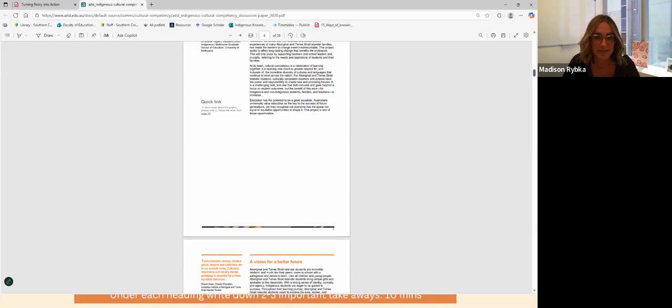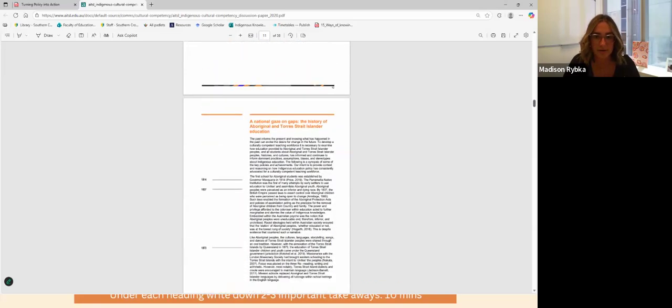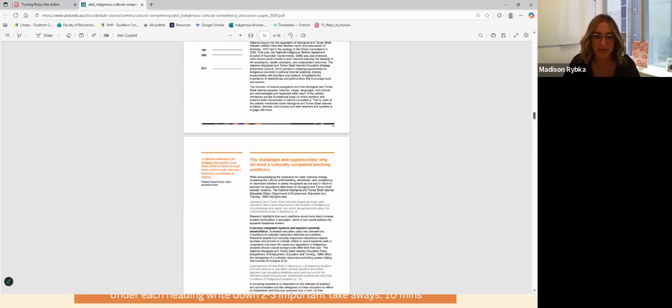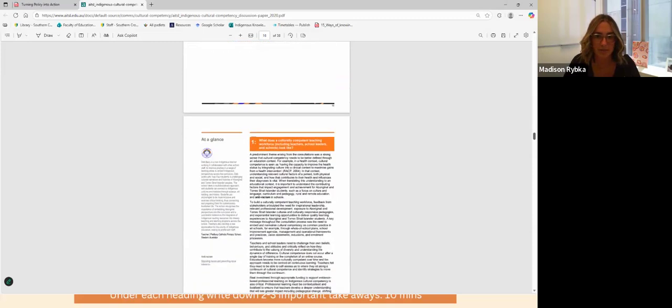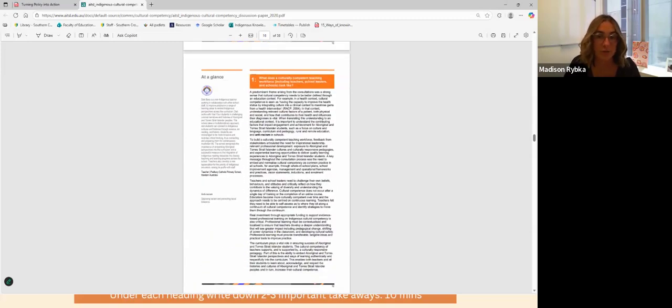So it talks about, down the bottom here, where is it? It will have my dot points. Okay, so what does a culturally competent teaching workforce look like? It speaks about it, and it's something I always talk about. Teachers and school leaders need to challenge their own beliefs and behaviours and attitudes to critically reflect on how they value diversity.